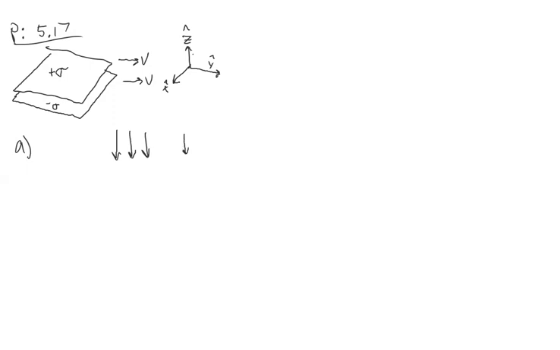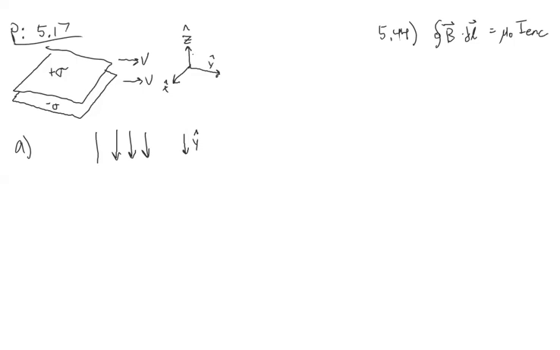So that being the y direction. What we can do is use equation 5.44, which states that the closed path integral of B dot dl is equal to mu naught I enclosed.